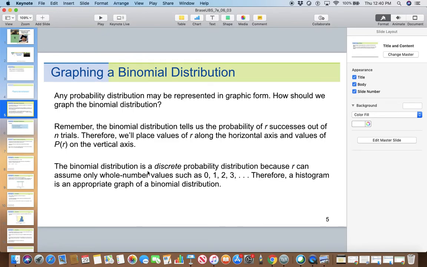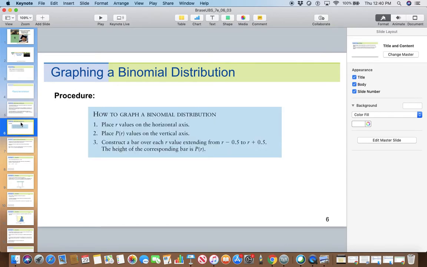The binomial distribution is a discrete probability distribution because R can assume only whole number values such as 0, 1, 2, 3. So number of successes, right? Therefore, a histogram is an appropriate graph of a binomial distribution.